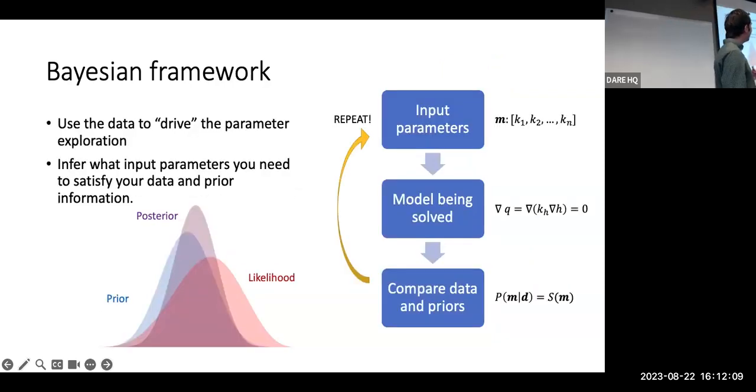Basically how this works is that we have M, our model parameters, and this is mostly hydraulic conductivity. We propagate that within our model, which describes the geometric variations of all the different aquifers and aquitards within the model. We solve for the groundwater flow velocity, and then we compare the velocity field with our observations at the surface.